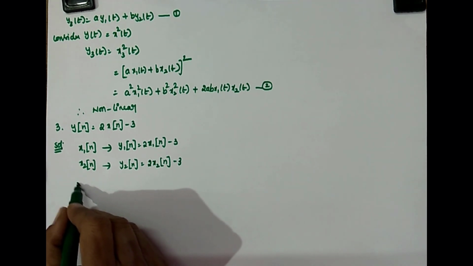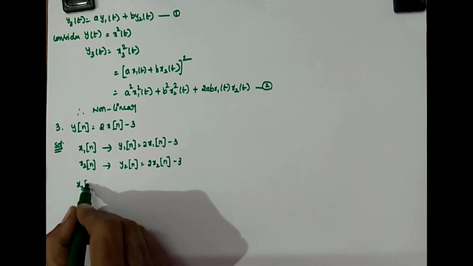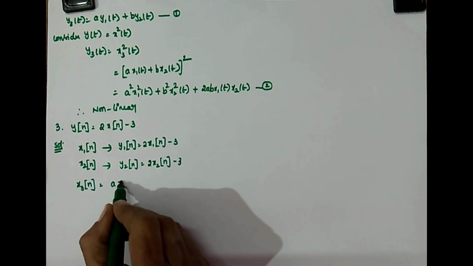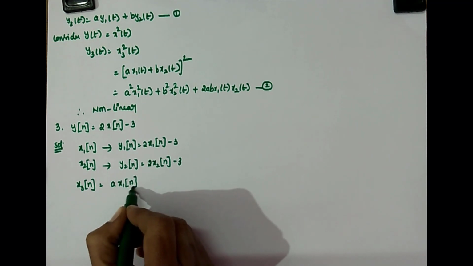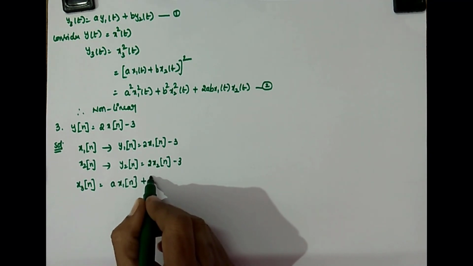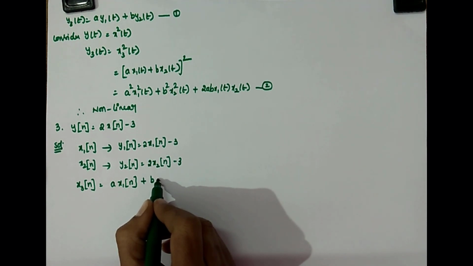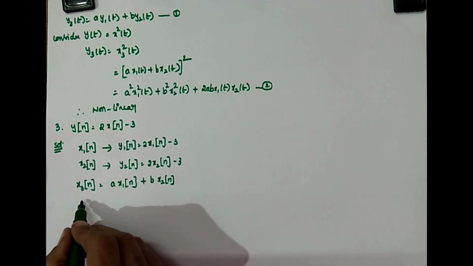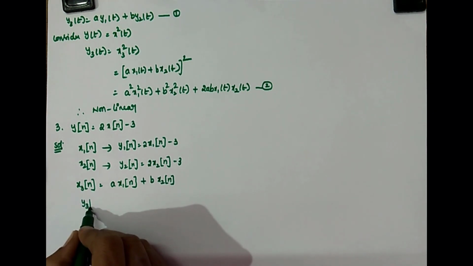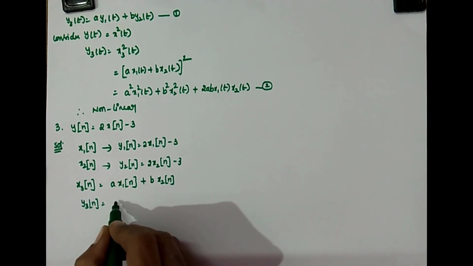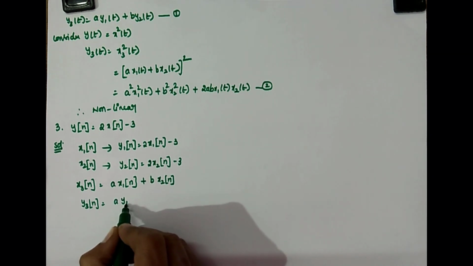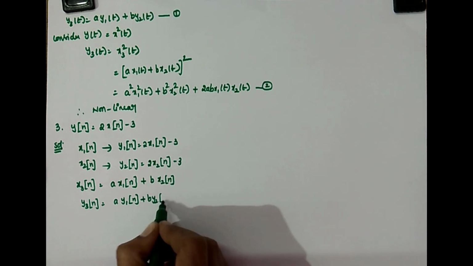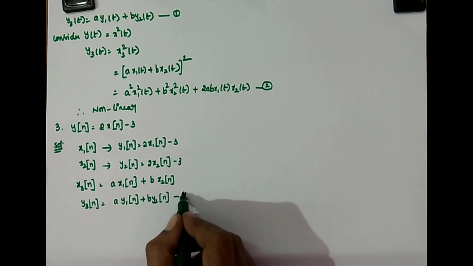Then take x3 of n, that is a into x1 of n plus b into x2 of n. The system is said to be linear if the output is y3 of n, that is a into y1 of n plus b into y2 of n. The output must be like this.